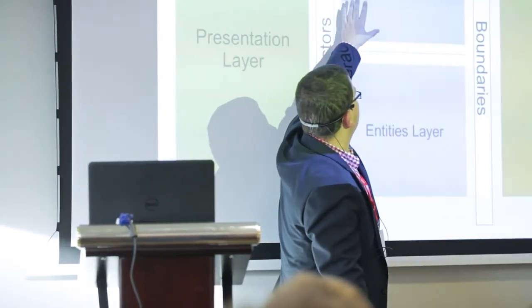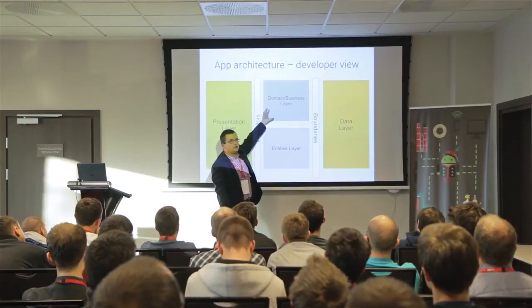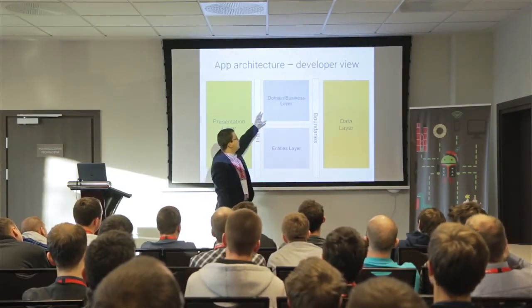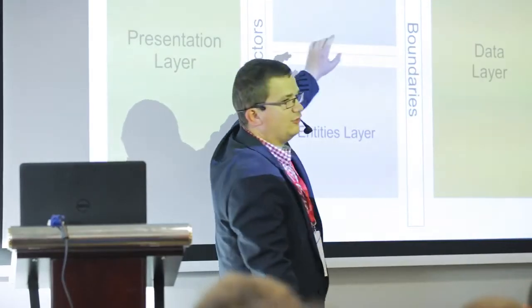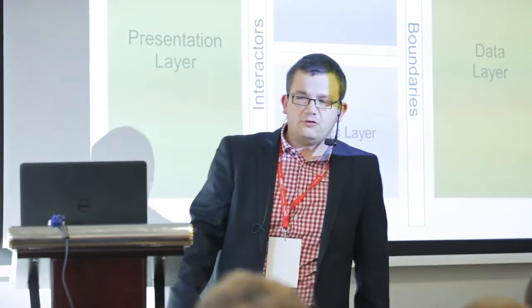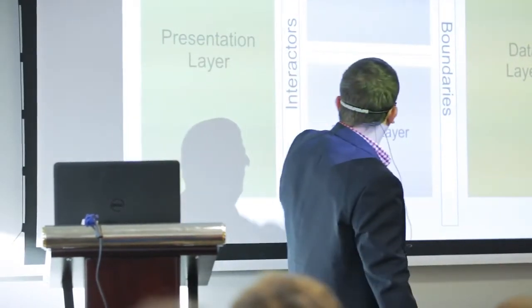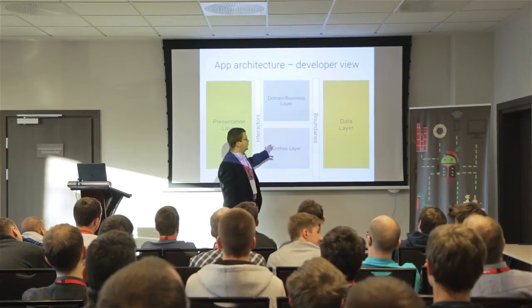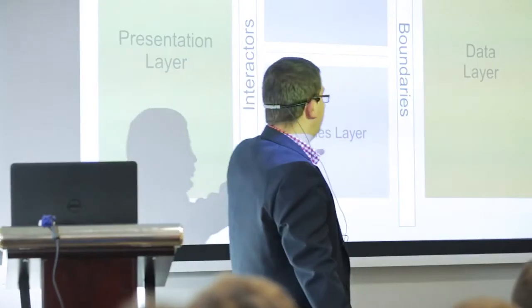Here is our business logic layer. So all use cases go here, and here we define the logic of our application, and around 80% of the code should be here. Entities are the basic objects which we need to work in our application.